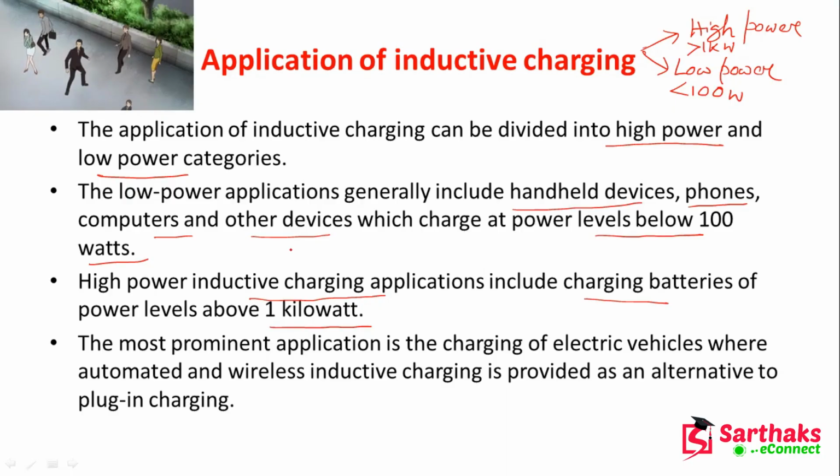Mostly we use it for charging electric vehicles, where automated and wireless inductive charging is provided as an alternative to plug-in charging. So we have two types of inductive charging: high power, greater than 1 kilowatt, and low power, below 100 watts.